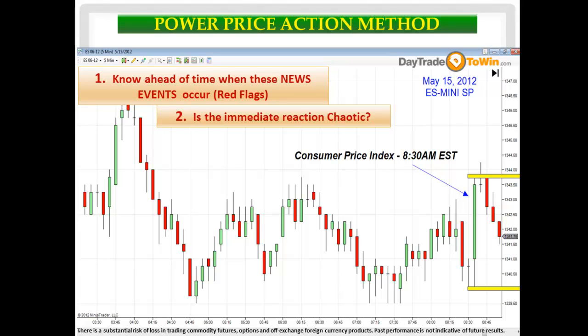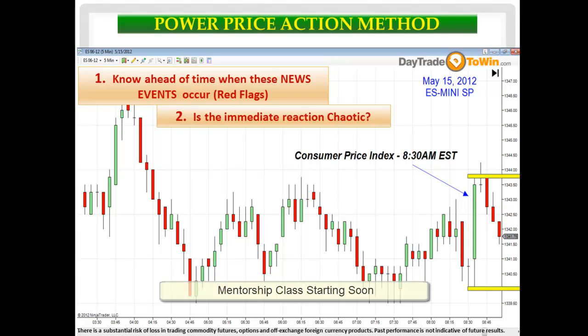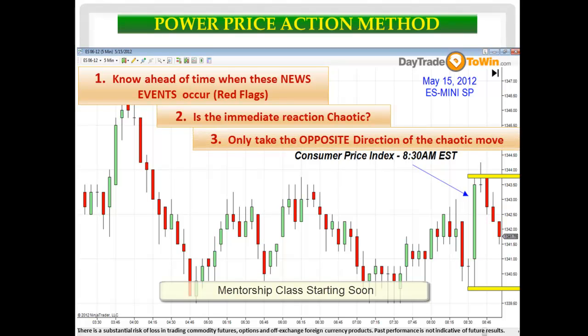If there's not a reaction, if there's nothing that told me that everybody bought and sold chaotically, then this setup does not exist. This setup only works when there's some type of chaotic move based on news. If there is, then I will take the opposite direction of the chaotic move. Hence, is it a green bar? Is it a red bar? It's a green bar. I want to go short.